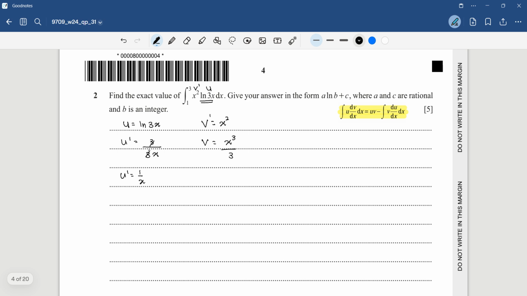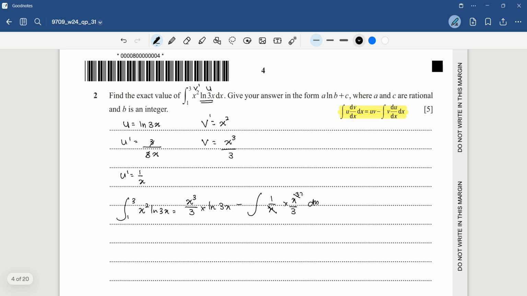Therefore, the integral of 1 to 3 x squared ln 3x equals, following the formula uv, x cubed over 3 multiplied by ln 3x, minus the integral of v du dx, so 1 over x multiplied by x cubed over 3 dx.